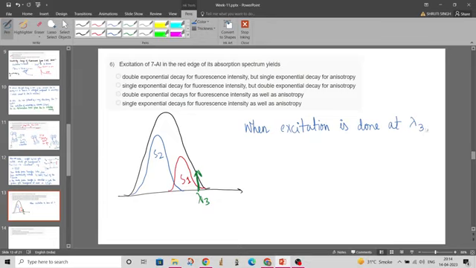At this wavelength, S2 doesn't get excited.